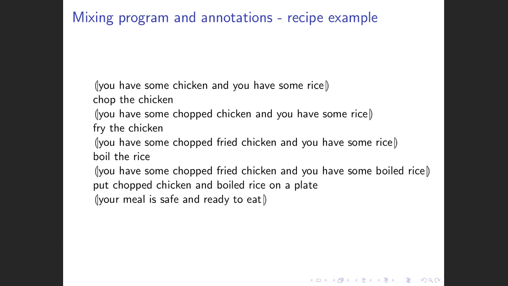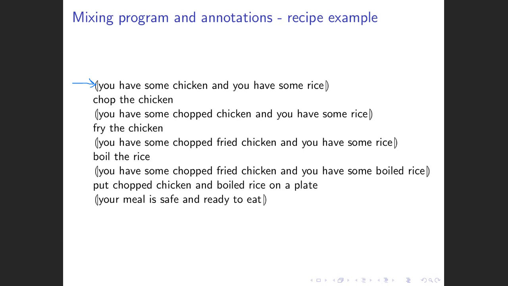So for example, here is a contract-based recipe for making a meal, and the precondition is that you have some chicken and you have some rice. It would be really annoying in a recipe if you got halfway through and then it asked you to find some rice and you didn't know in advance that rice was going to be needed.